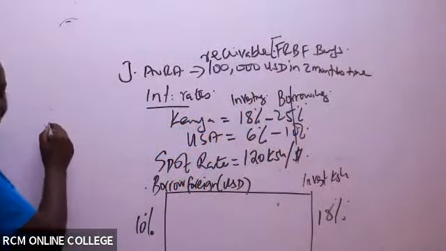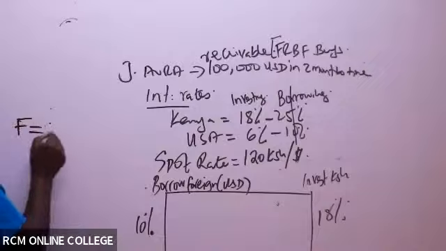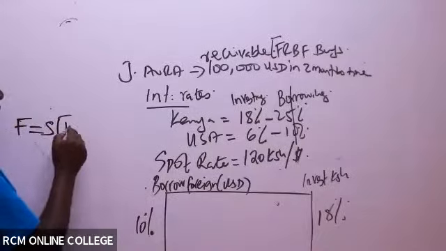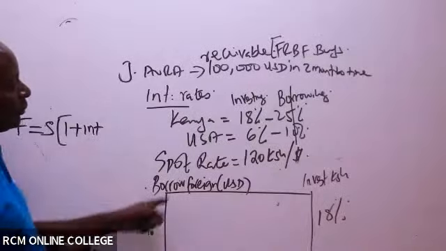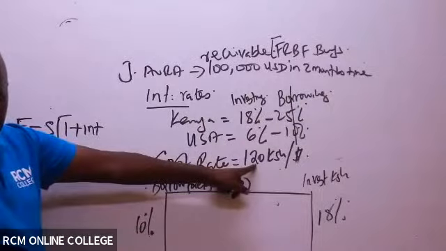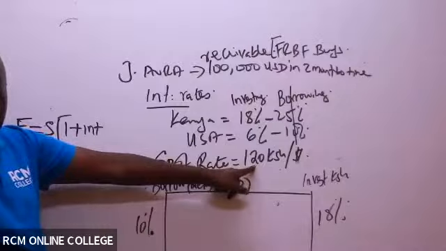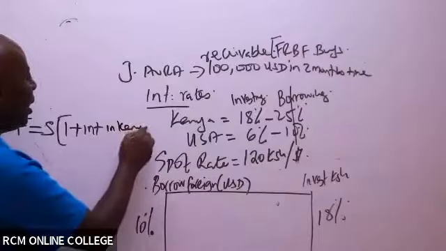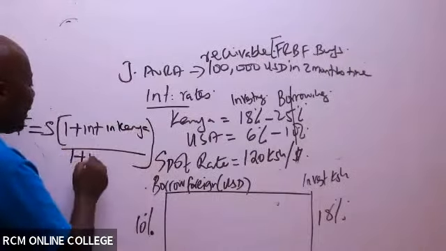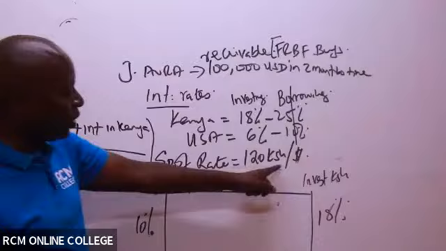Then write the formula. My forward will be equal to spot times 1 plus interest in Kenya, all over 1 plus interest in US dollar.